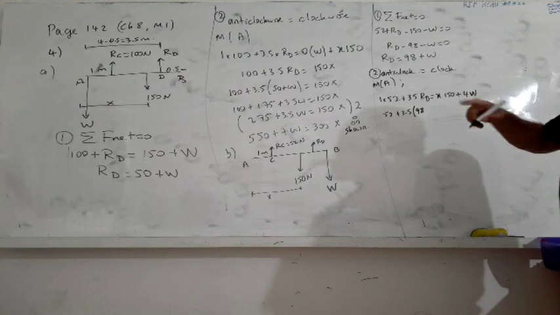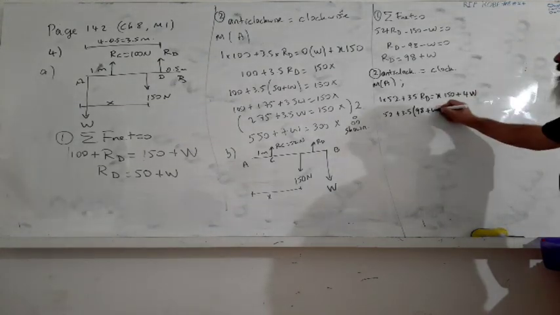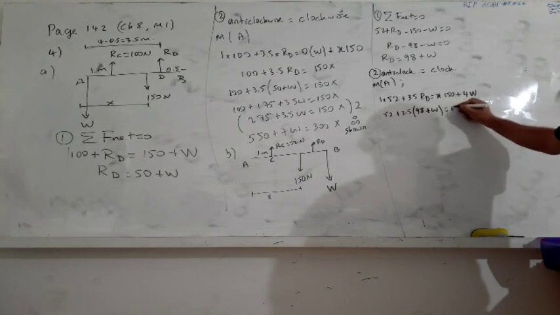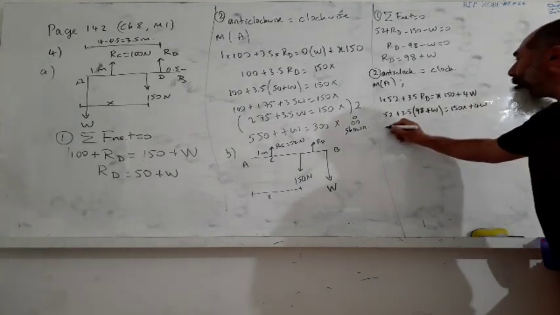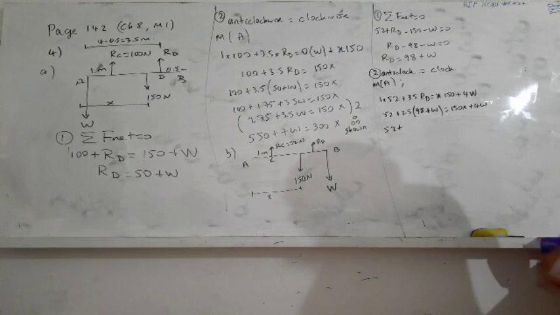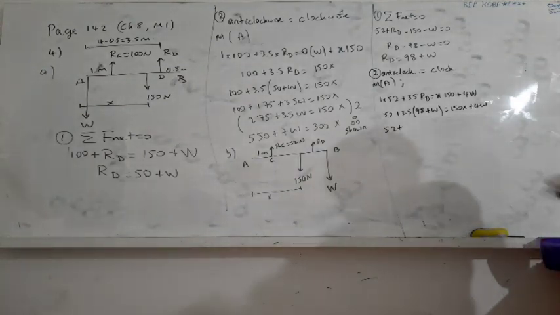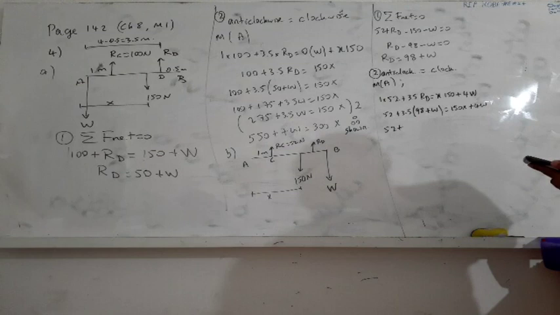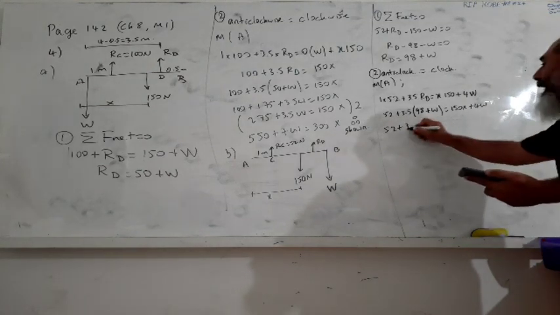So 343 plus 3.5W is equal to 150X plus 4W.